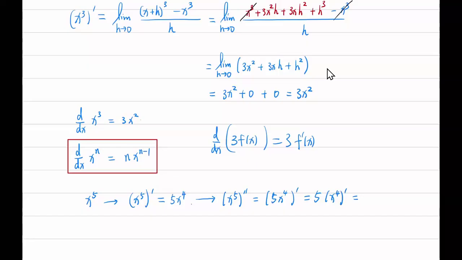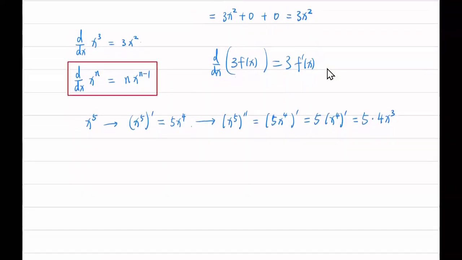If n equals 4, what do you have? 3. So this will be 4x cubed, right? So I replace this by 4x cubed. So now this goes to 20.